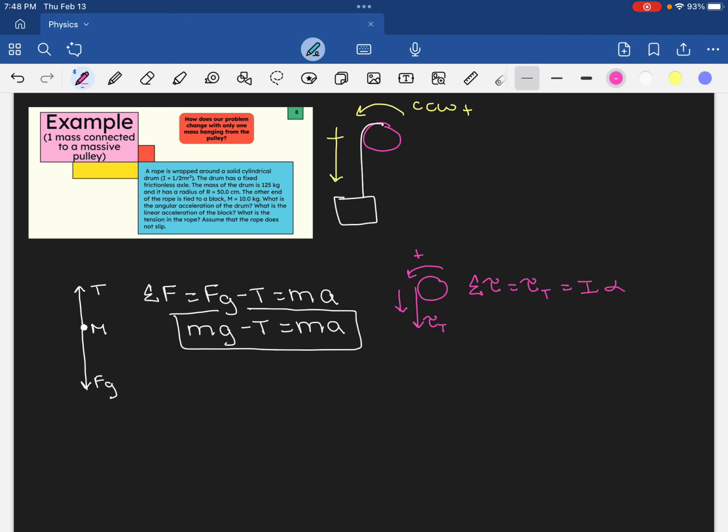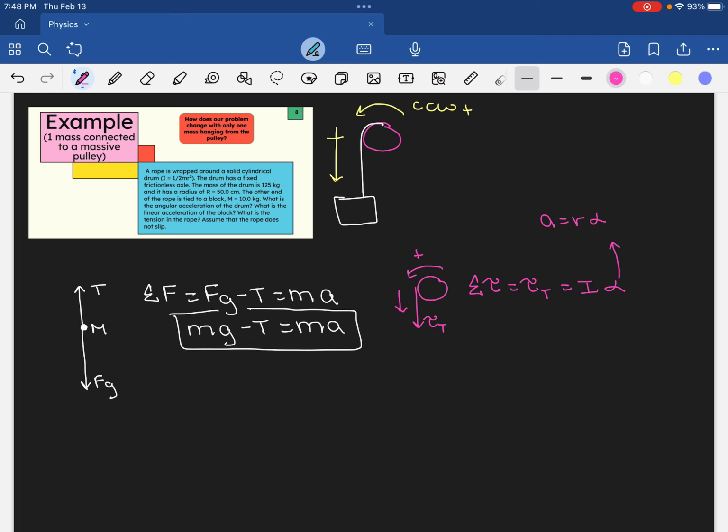Now we're going to break apart our torque, plug in our moment of inertia for I, and plug in our linear acceleration for our rotational. We need to remember that a equals R alpha.